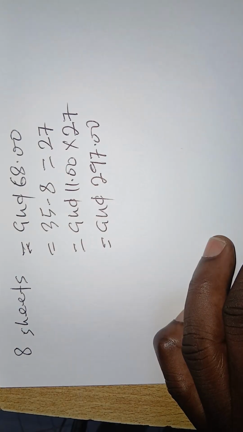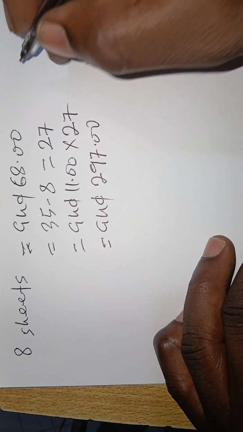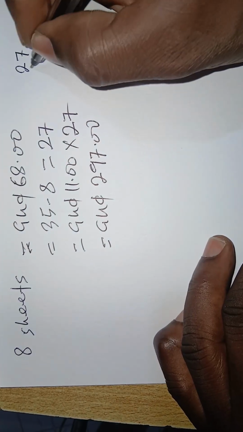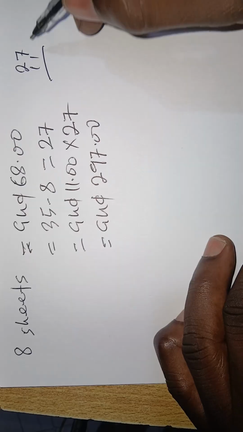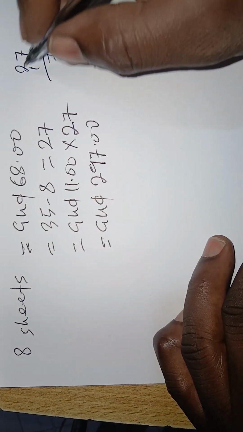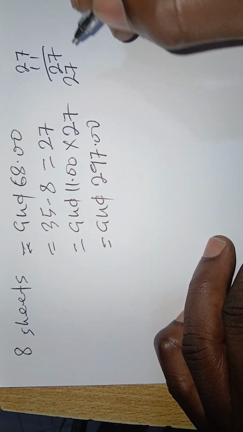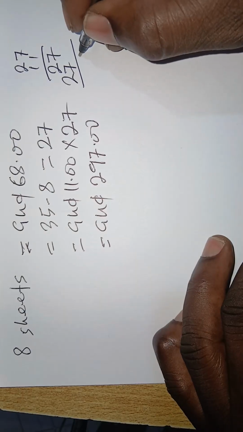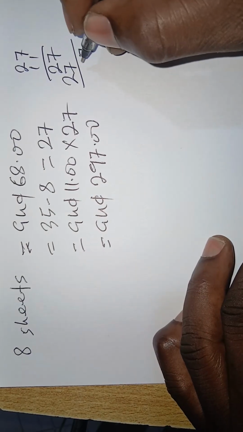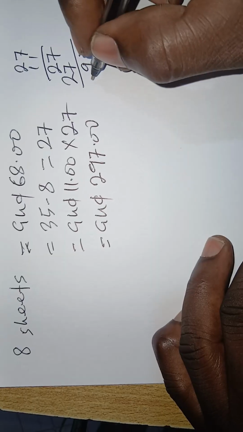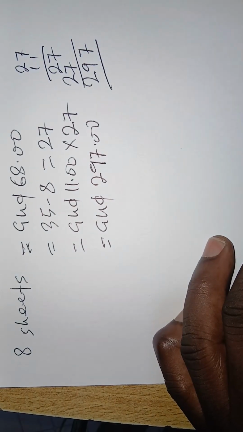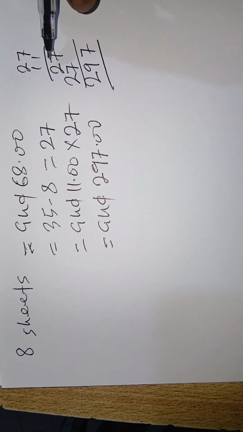So in order to show evidence that yes, I did the work, I will do my 27 here times 11. So 1 times 7, 1 times 2, 1 times 7, 1 times 2. So I come 7, 2 plus 7, 9, and 2. So this is my evidence that I did the work.